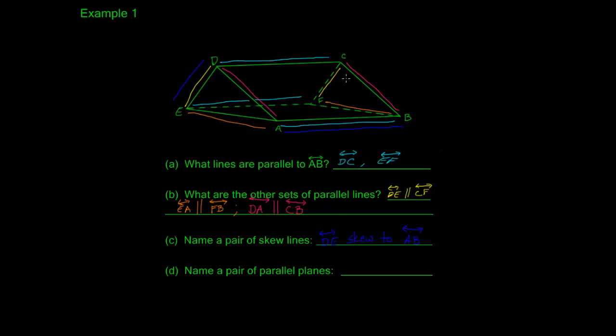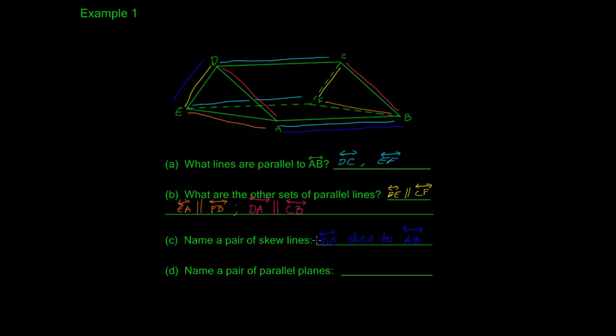We can continue on. You can have CF, and you have EA. There are several possibilities for different skew lines, but we're going to go ahead and move on.